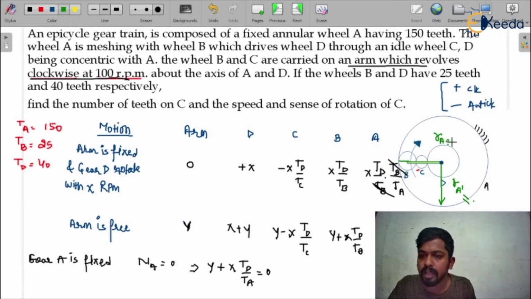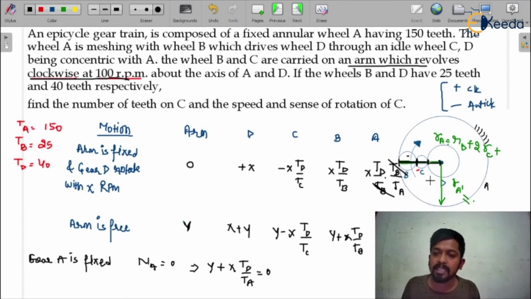RA is equal to the radius of gear D, which you can see in the diagram, plus 2 multiply the radius of gear C, or you can see the diameter of the gear C. So I'm just writing here 2 multiply radius of gear C plus, here you can see this is 2 multiply radius of gear B, because this completes the diameter of the gear B.